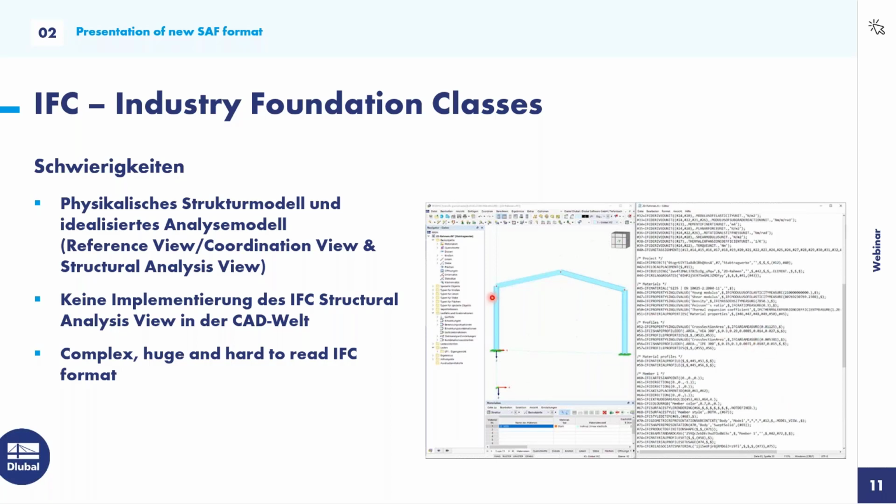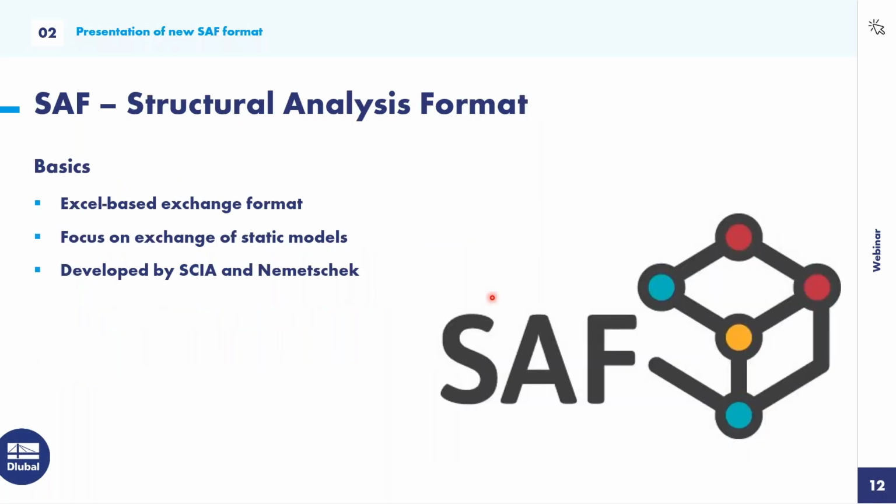So what we can do now is the following: the aim of the new format is to counteract these disadvantages and difficulties of the IFC, and to focus on the advantages that structural engineers really like to have. Structural engineers like to have an easy to understand format.